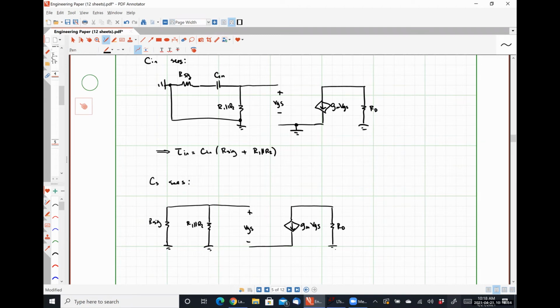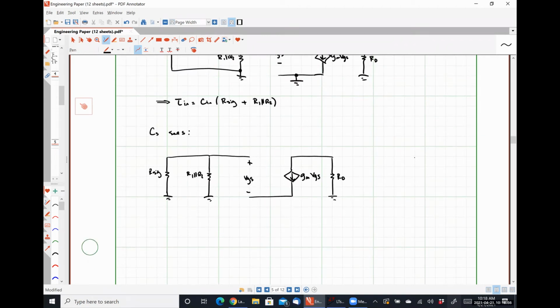Here is RD. Here's RS. Here's CS. So this one is, like I said, going to be a little bit more difficult. I just want you to remember that what we're ultimately trying to do is determine the Thevenin equivalent resistance as seen by this capacitor.